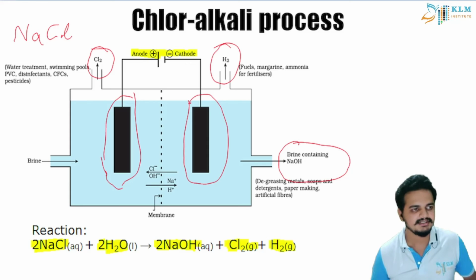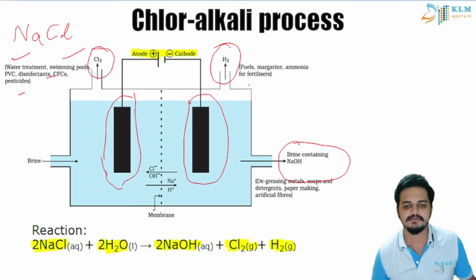So why is this process very important? Cl2 is used for water treatment in swimming pools, and in disinfectants, CFCs, pesticides. There are so many uses of Cl2 gas. And hydrogen is used for fuels, margarine, ammonia for fertilizers.